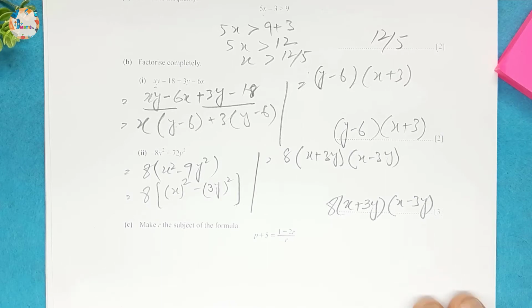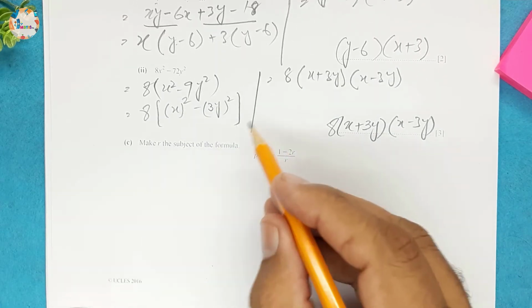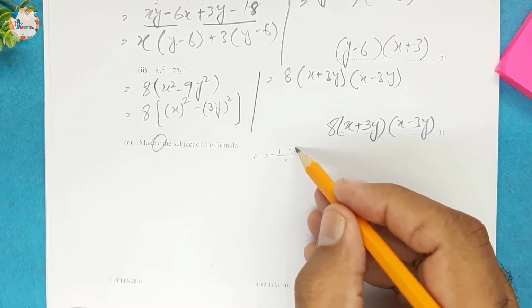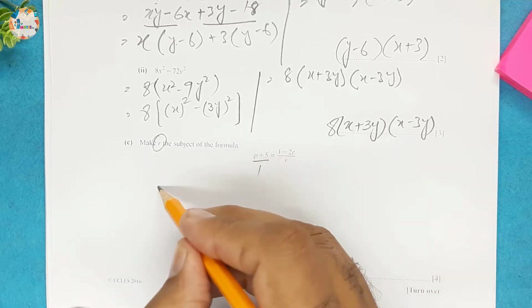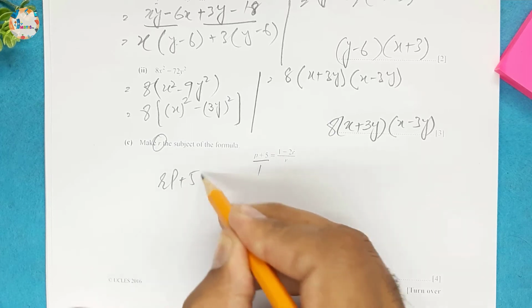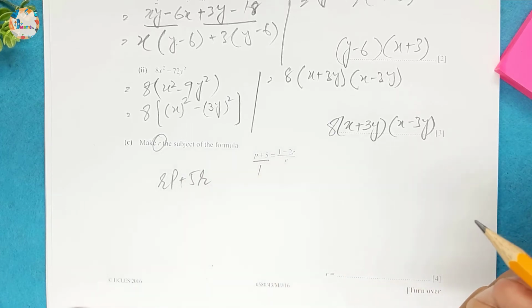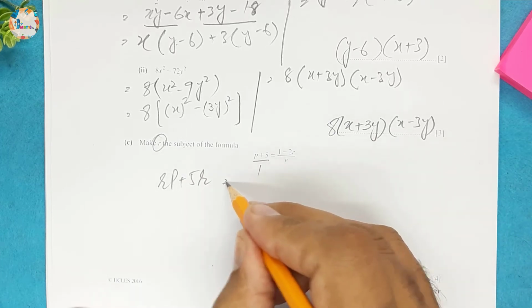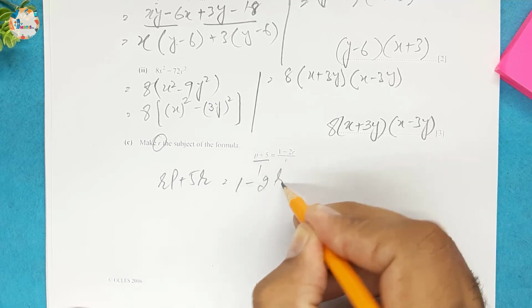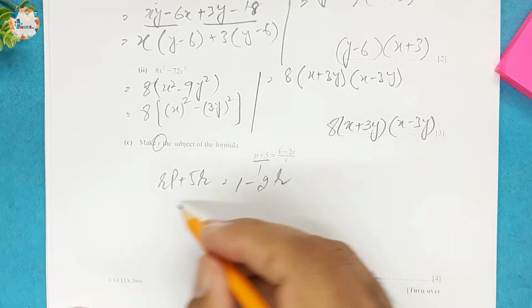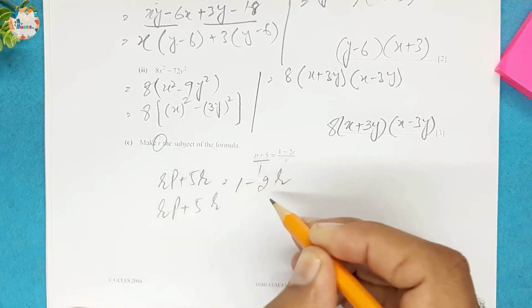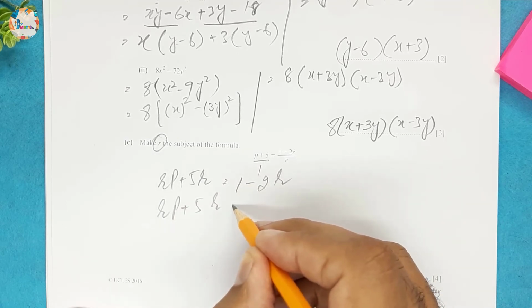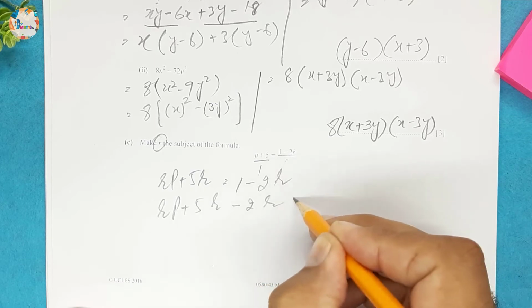Then C part, we have to make r the subject. R is over here, so cross multiply. So this will be rp plus 5r is equal to 1 minus 2r. So we can shift r to this side. So rp plus 5r, and minus 2r is equal to 1.